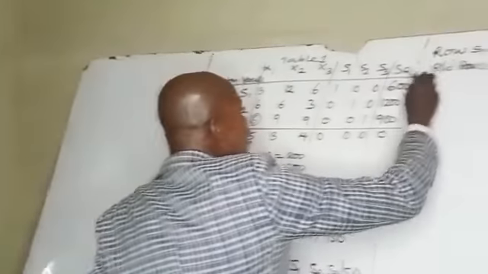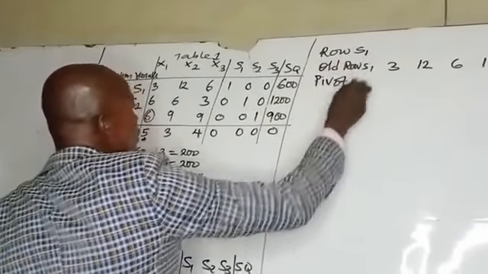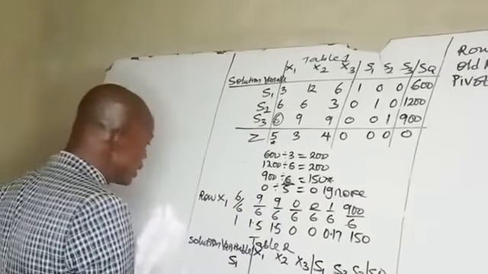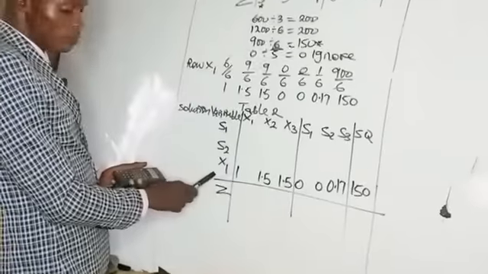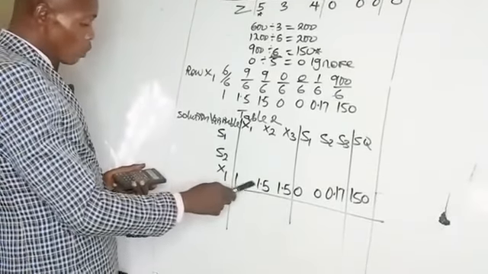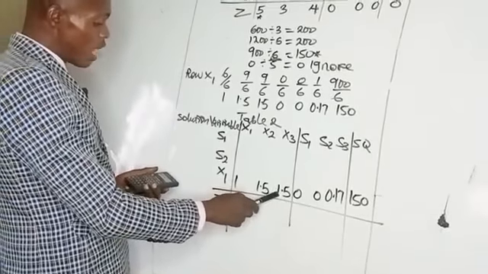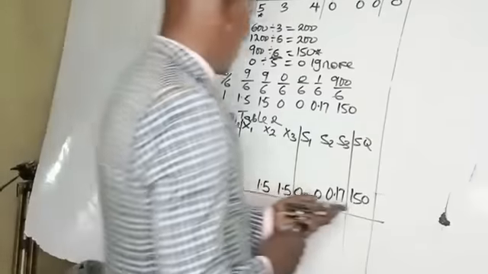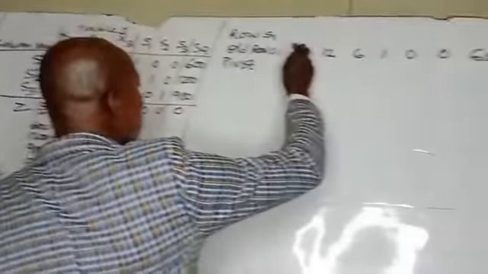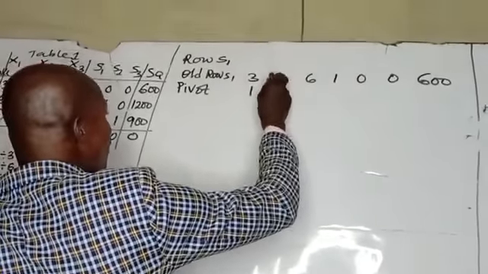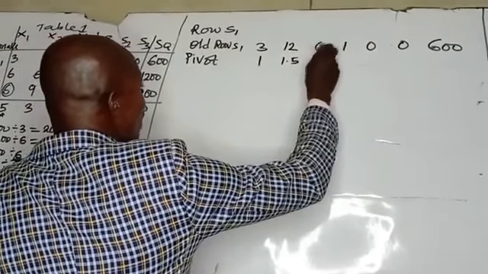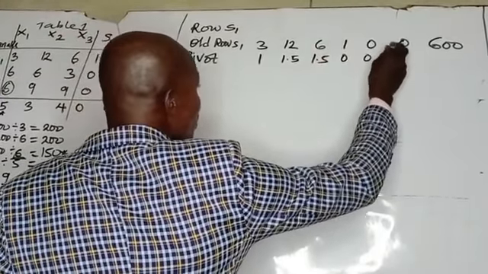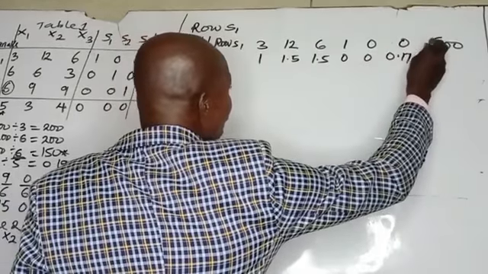Now, our pivot row is the new row x1, which is 1, 1.5, 1.5, 0, 0, 0.17, and 150.